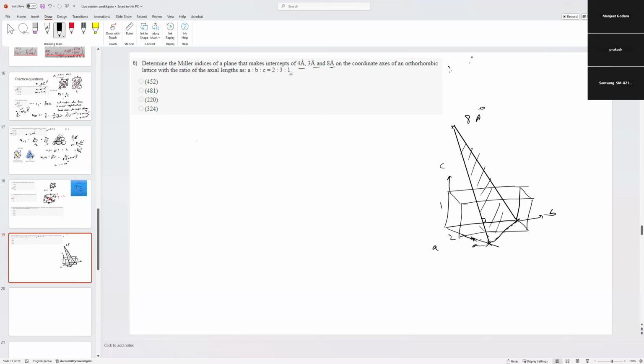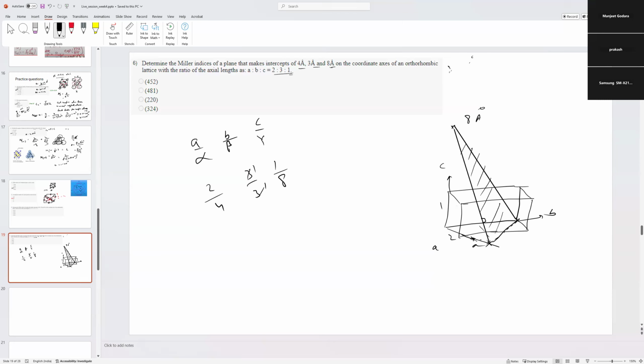So Miller indices are a by alpha, b by beta, and c by gamma. So a, b, c are given: 2, 3, and 1, divided by your intercepts. Alpha is 4, beta is 3, and gamma is 8.